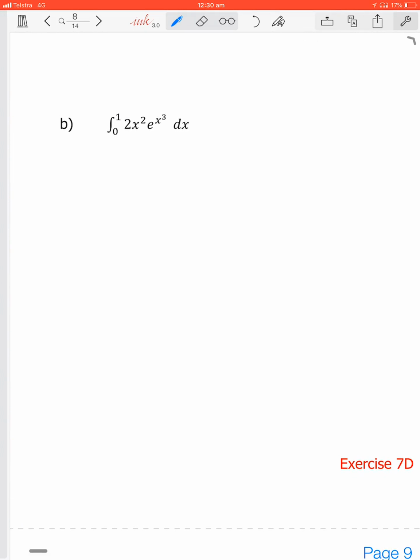Okay, last one. So here, you've got to look for your substitution, and I think in this case, we're going to let u equal x cubed. So du dx is 3x squared, which looks very much like that. If I want to make it a 2, I've got to divide it by 3 and times it by 2.